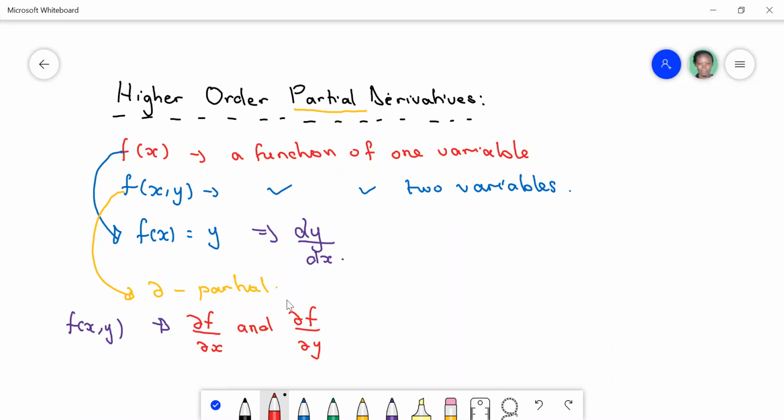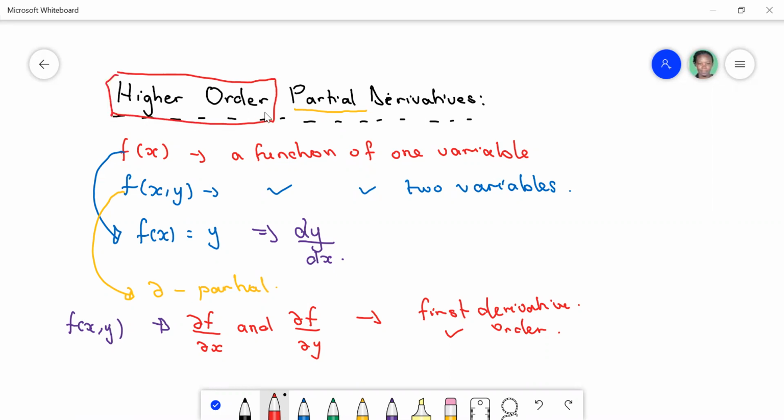So this is just the first step. This is our first derivative, or first order. But with this derivative, we can look at the higher form of it, the higher order.